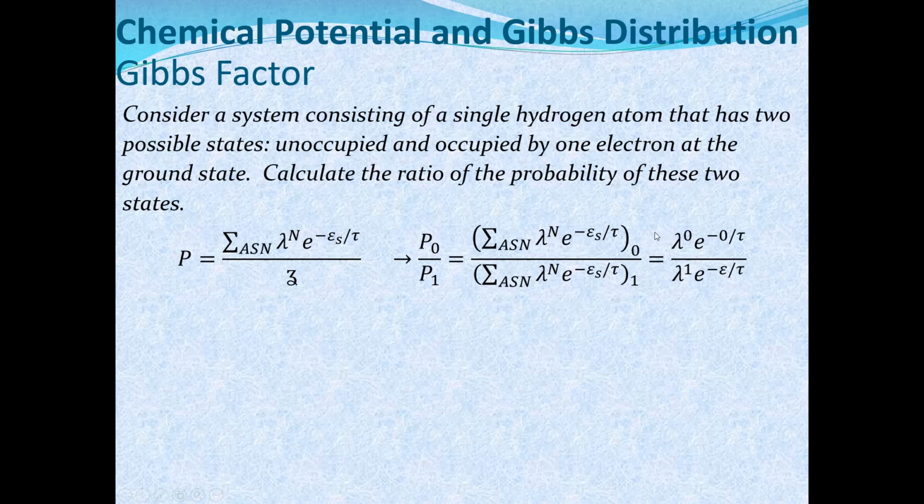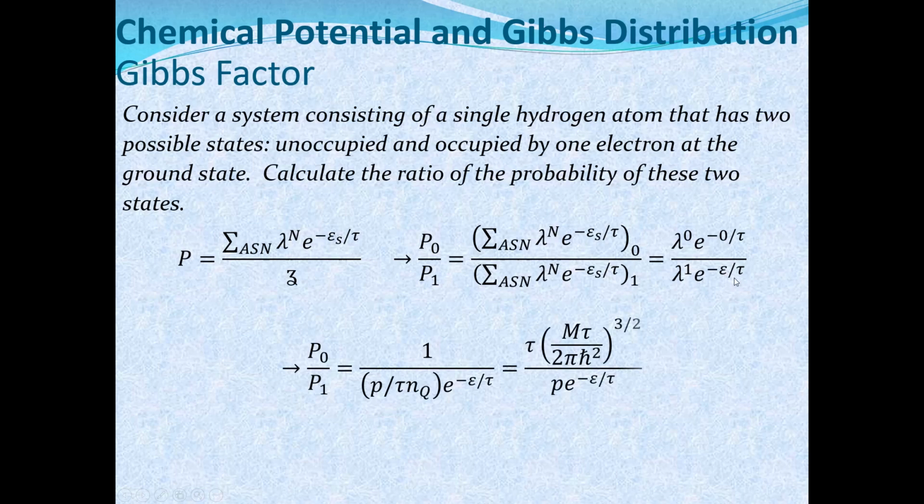I can actually do this for the unoccupied state. There are no particles, no energy. And then for the other one, one particle, ground energy. So I end up getting this. And then again, want to try to clean it up a bit, substitute some variables in.